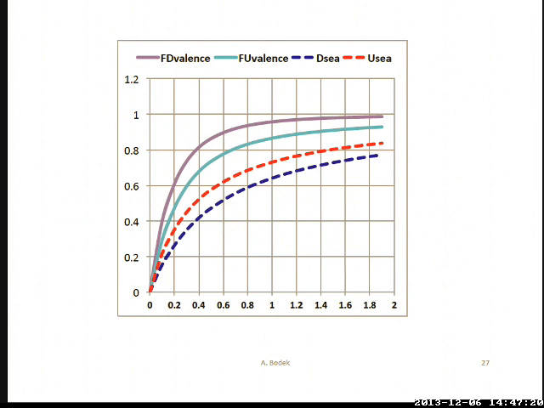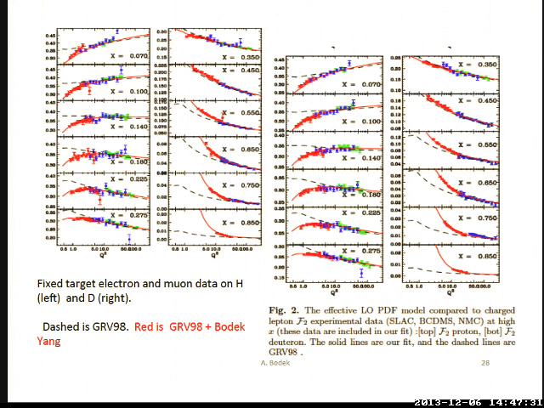So we get different K factors for valence, C, DC, UC. They look different. The data gives you different K factors for them. So this is what it looks like. Red is SLAC, green is BCDMS, NMC, and the dashed line is the GRV98 PDFs if you didn't apply any of those corrections out of the box.